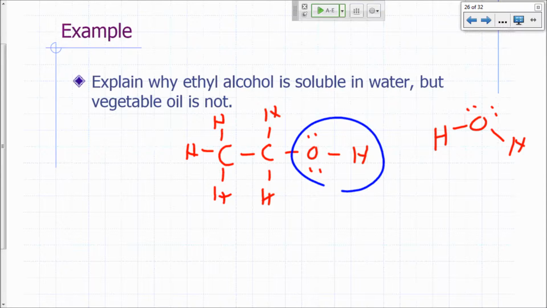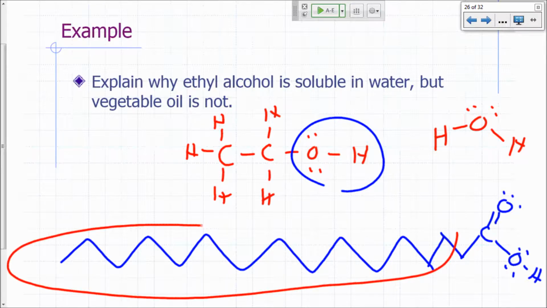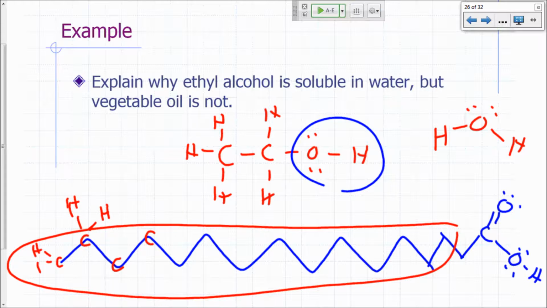What about vegetable oil? Now, the structure must be very different. Vegetable oils are very long chains of carbon and hydrogen atoms. It is a hydrocarbon with a COOH at the end. So this very long part of your molecule will be an example of a fatty acid. Each corner here you have a carbon atom, and then you have hydrogen atoms attached to those carbon atoms. So this carbon has 2 hydrogens, this carbon has 3 hydrogens.